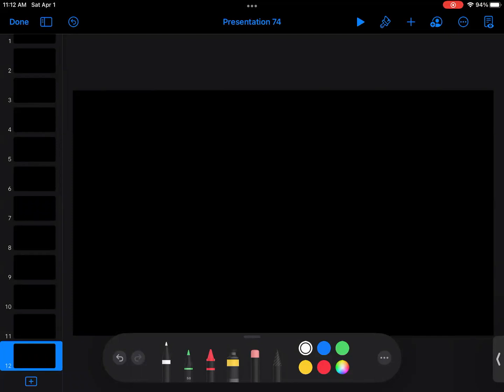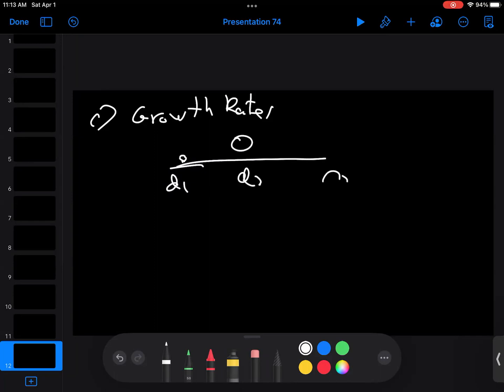So another and the last example for derivatives is, for example, the growth rates. In labs, they can, for example, observe the length or the area of some bacteria, and they come at day one. It's like that. And then day two, it's like that. And day three, it's like that.